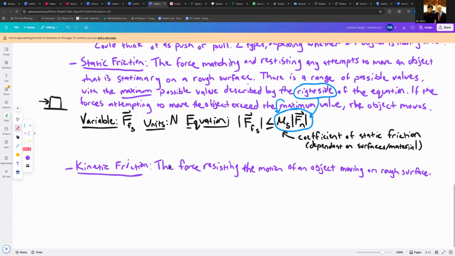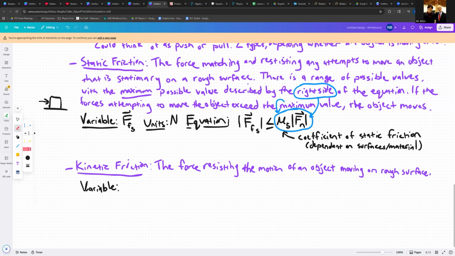It's much more simple. So it doesn't have the inequality, the range of like, well, it could be something less than 50 newtons or something less than 100 newtons. It just depends how hard you push or pull because it's matching your force. Kinetic friction is much more simple. If your object's moving and it's sliding on a rough surface, you have some kinetic friction, and the amount is much easier to find.